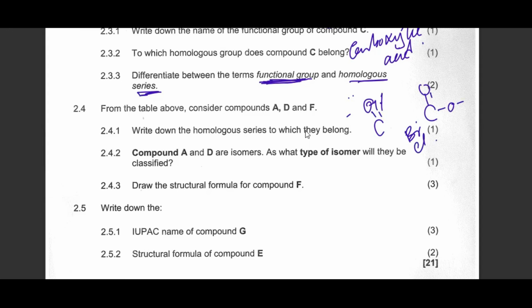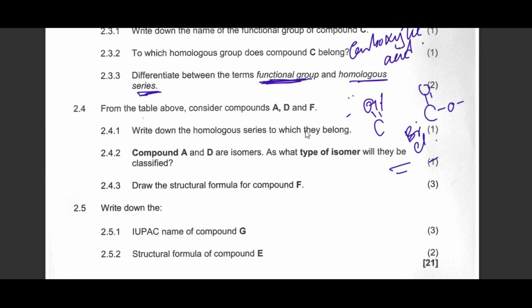That's why it is said that a functional group is a bond or an atom or a group of atoms. When we talk about bonds, we can talk about a double bond, triple bond. It is a bond, an atom, or a group of atoms that determines the physical and chemical properties of an organic compound.